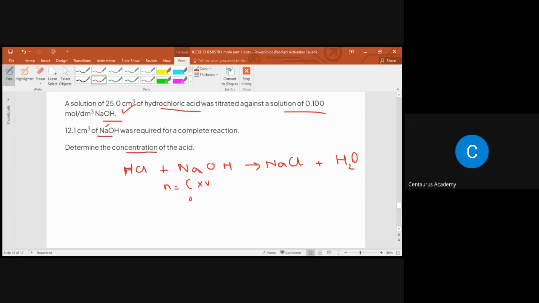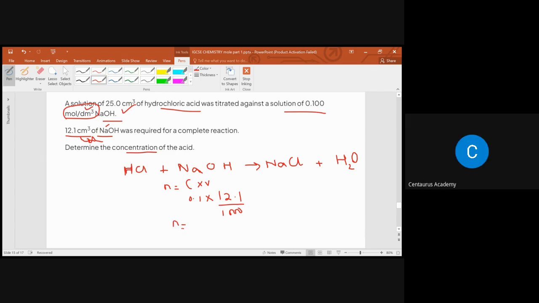You are going to multiply 0.1 times the volume. The volume of sodium hydroxide is 12.1 centimeter cube. This means that you must divide it by 1000 to convert it into decimeter cube, right? Why is this necessary? Since your concentration was also in moles per decimeter cube, you need to convert the centimeter cube into decimeter cube as well. Is this point clear so far?